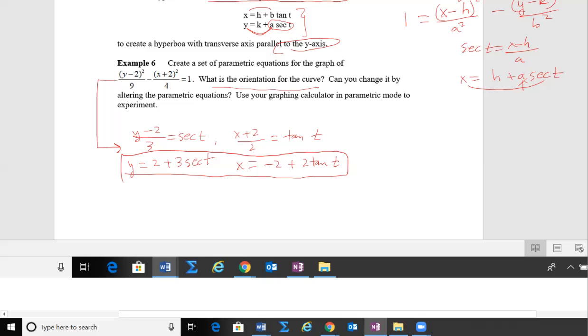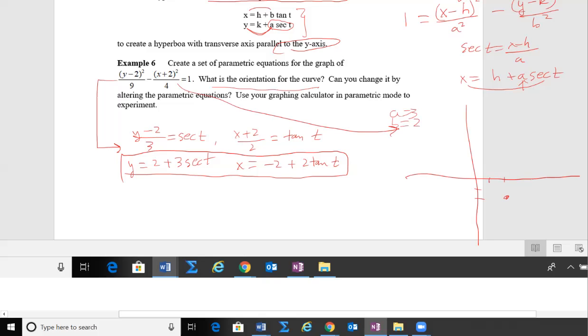Well, this form doesn't help us a lot, but this one does. We can do a quick graph with that without spending too much time on it. We got a is 3, b is 2. We're going to center at negative 2, 2. So it's here.